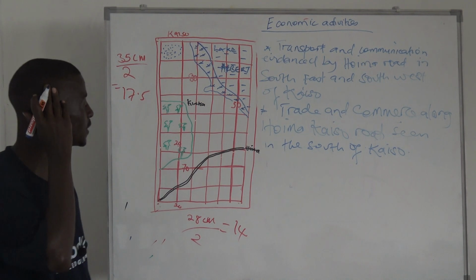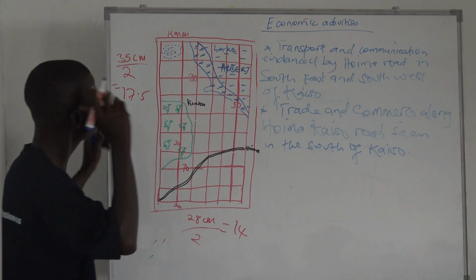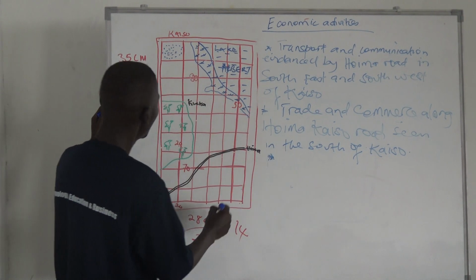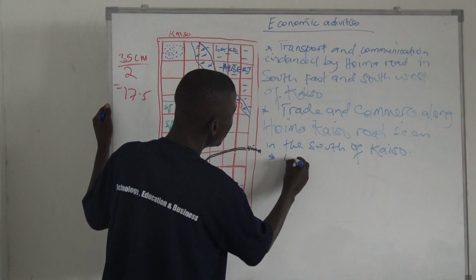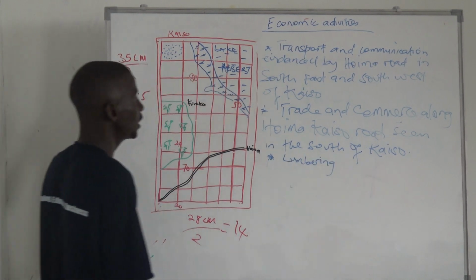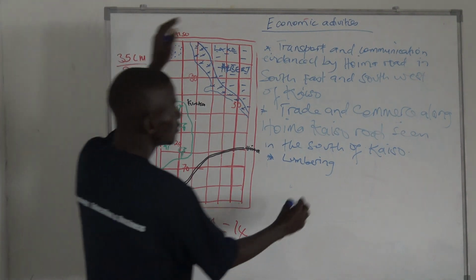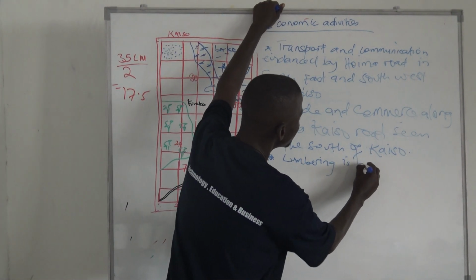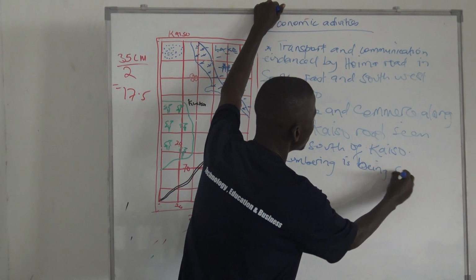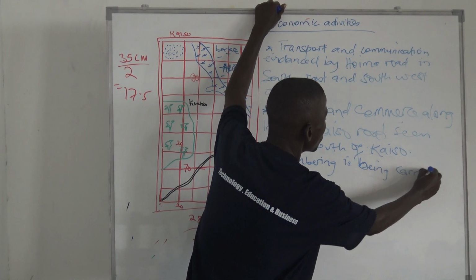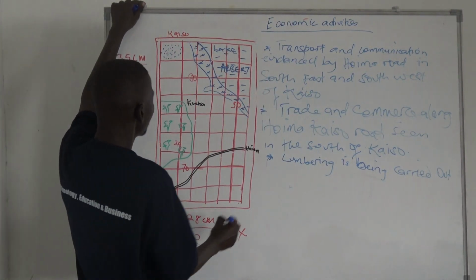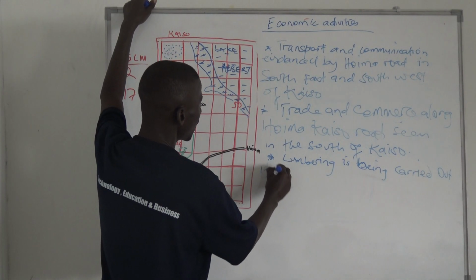What else can we see? In this map extract, there is also another economic activity of lumbering. Lumbering as an economic activity is being carried out where? In KAISO.